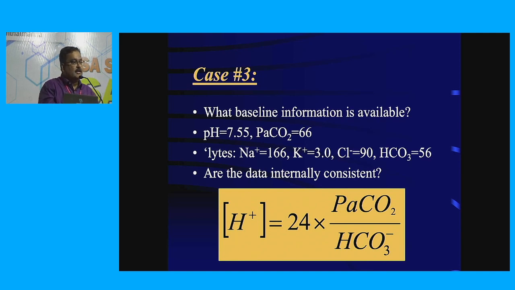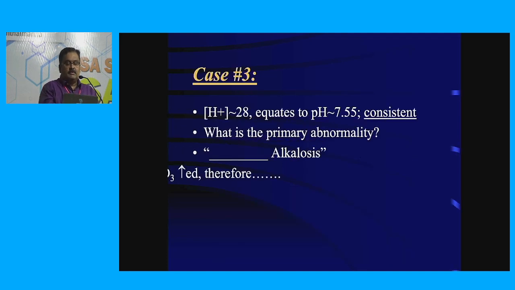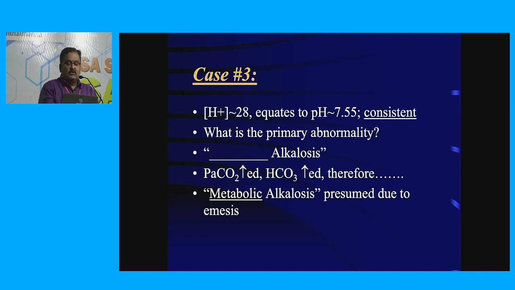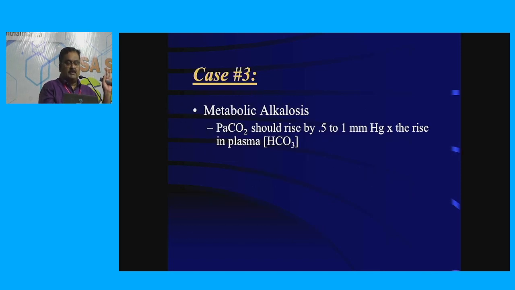So when metabolic alkalosis is there, what happens? The PCO2 will go up. So this is metabolic alkalosis due to vomiting. Is compensation appropriate? What is the formula? 0.7 into bicarbonate plus 22.